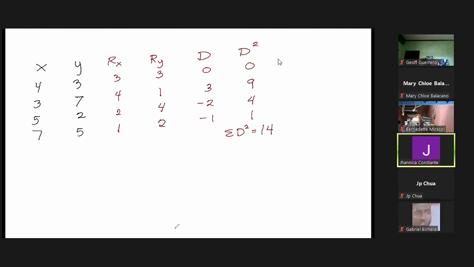Since we now have the value that we need for the summation of d squared, we can solve for the correlation between the variable x and the variable y. Correlation is equal to 1 minus 6 times the summation of d squared divided by n cubed minus n.